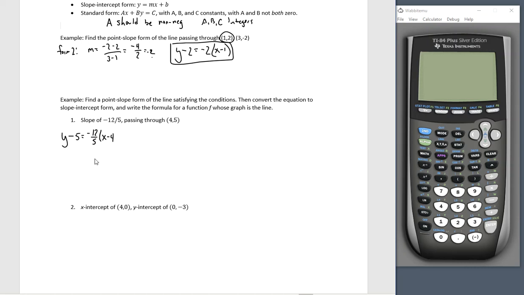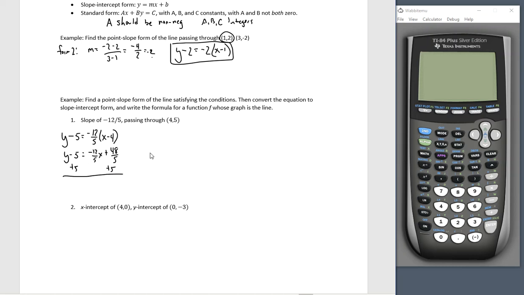All right, so we found the point slope form. Now I'm going to distribute my negative 12/5, giving plus 48/5. Convert it to slope-intercept form, so let's finish that off by adding 5 to both sides.